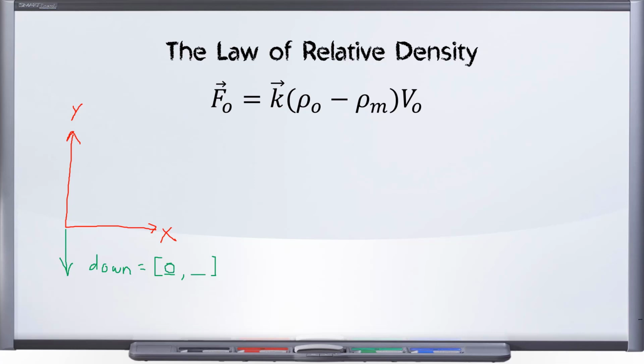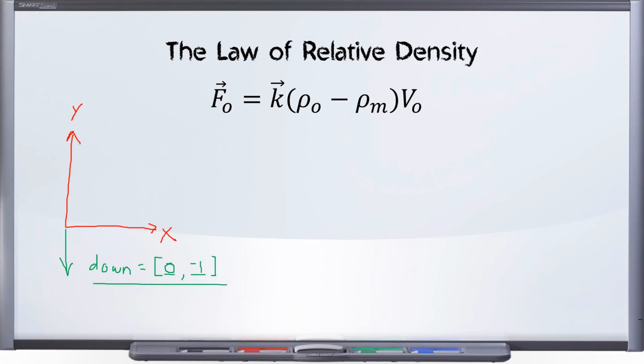None, 0. How much of down is pointing in the Y direction? Y points in the opposite from down. So we have minus 1. So we put 0, minus 1 in square brackets. Now we have defined that is down.